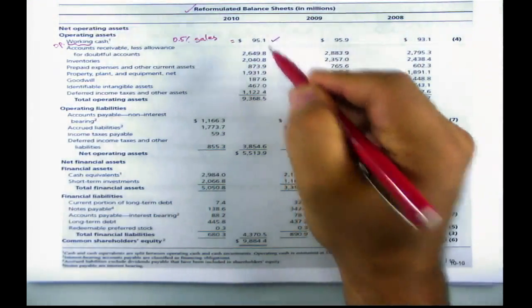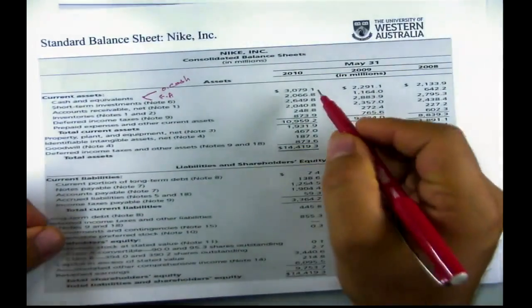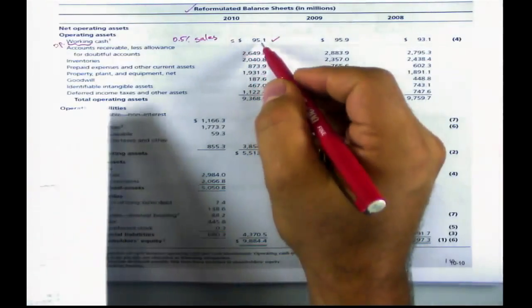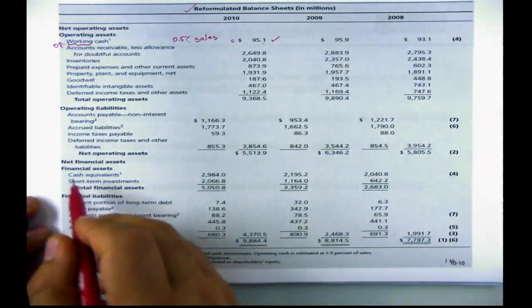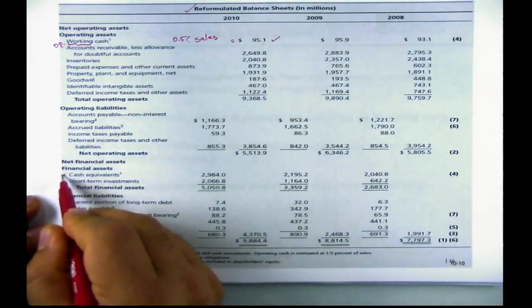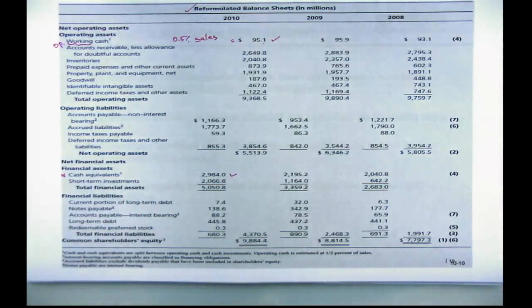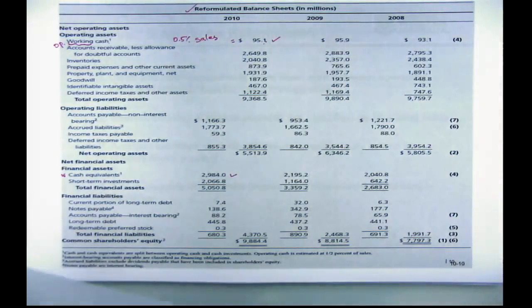The remaining balance is to be treated as a financial asset. It is reported here. This amount is the original amount of cash and cash equivalents minus the operating cash. Make sense? Okay.